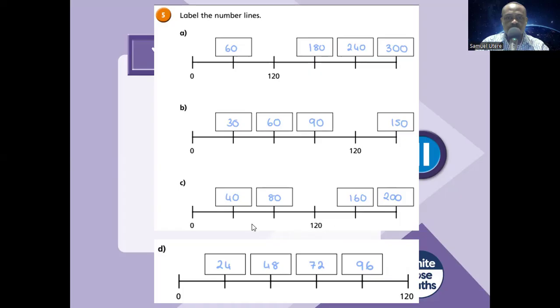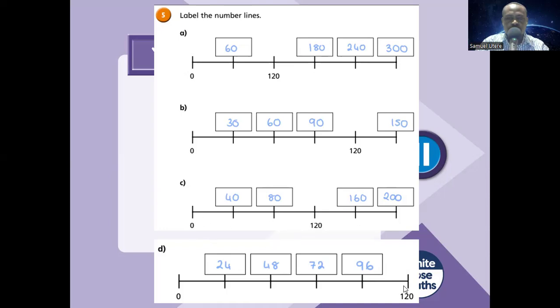Here we can see that the difference is 120, but we have 1, 2, 3. Okay, we have 3 intervals. So we can use that information to complete this number line when we divide 120 by 3.